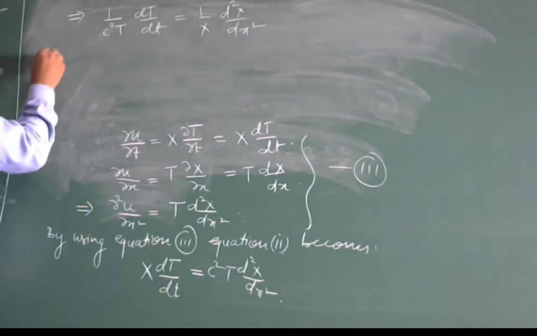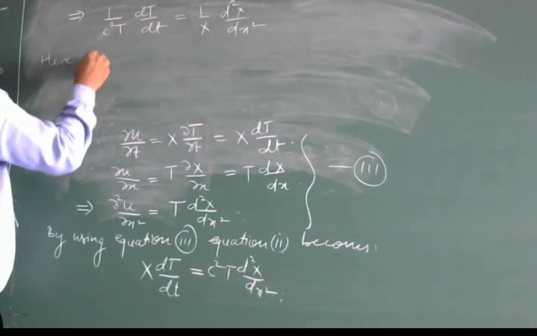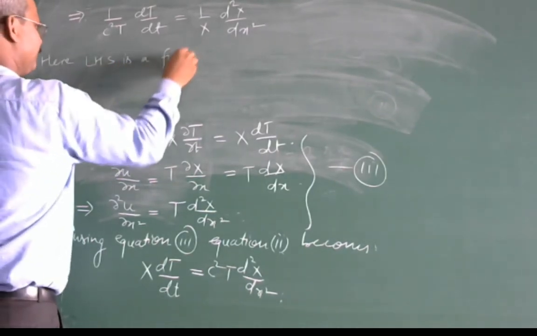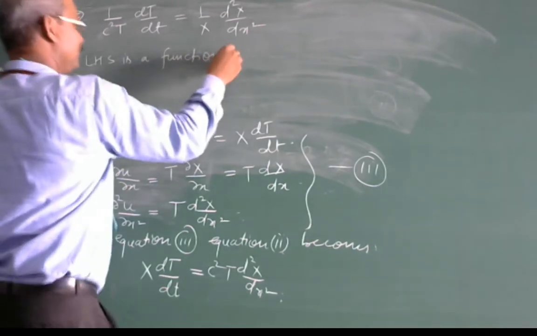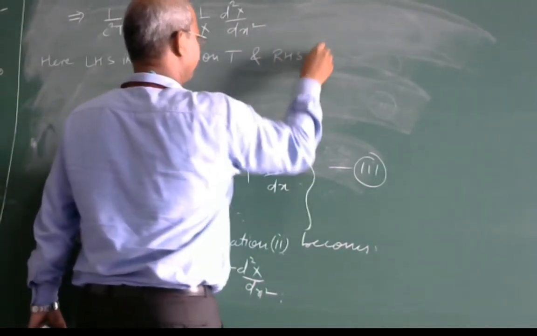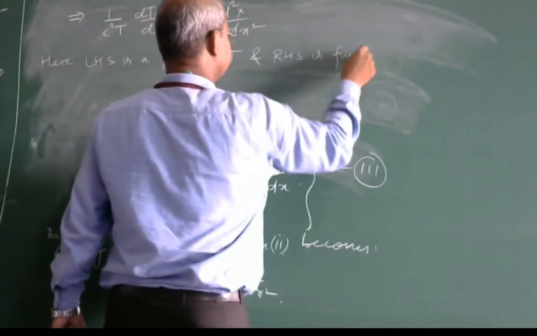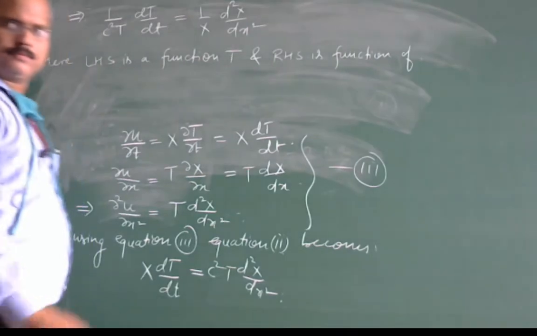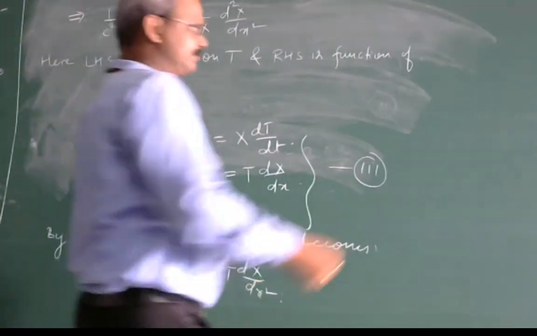So now here the LHS is a function of t and the RHS is a function of x.